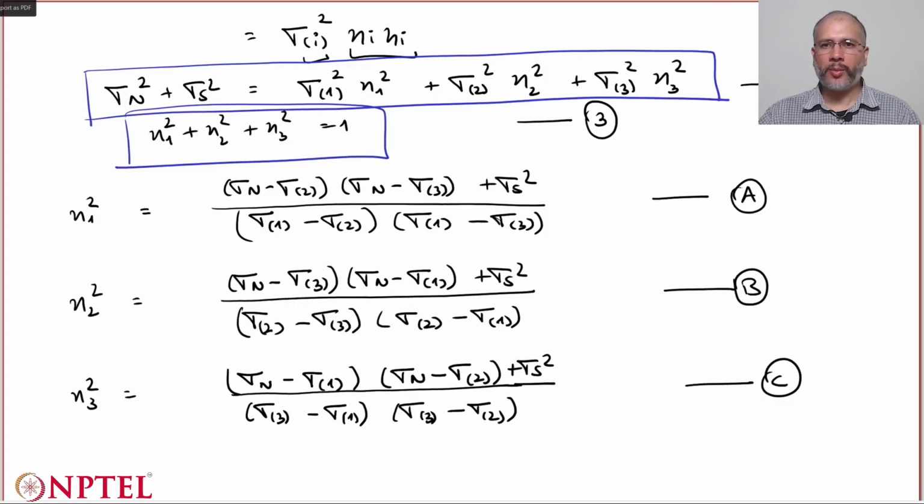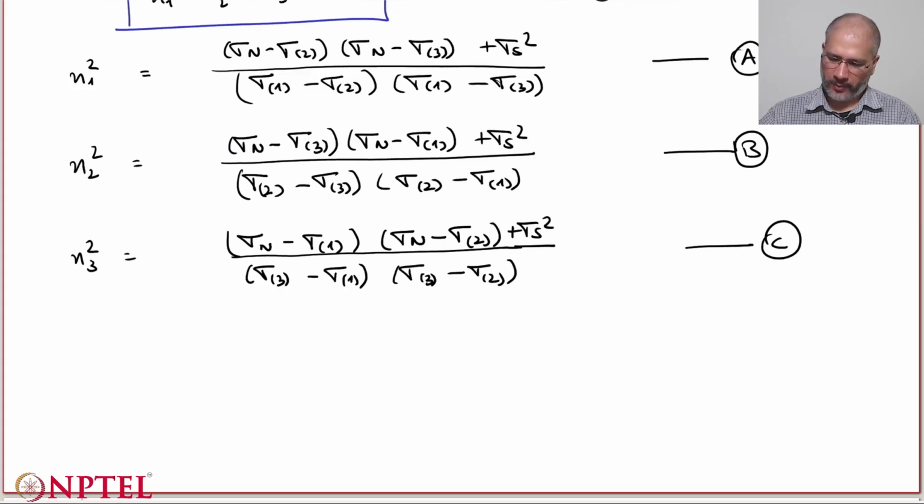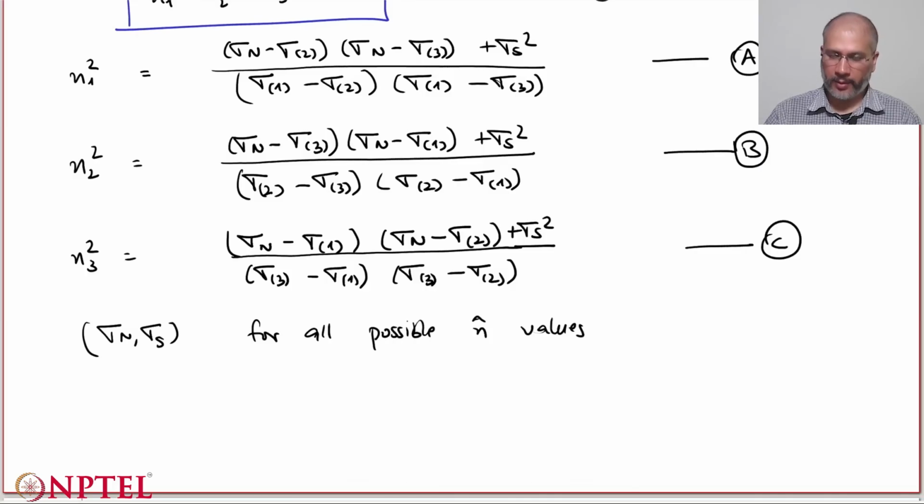So let me remind you what we are doing. We're trying to find sigma n comma sigma s pairs for all possible n hat values. Because we have infinite choices for n hats, the sigma n comma sigma s points when plotted on the stress plane will give us a feasible stress region.